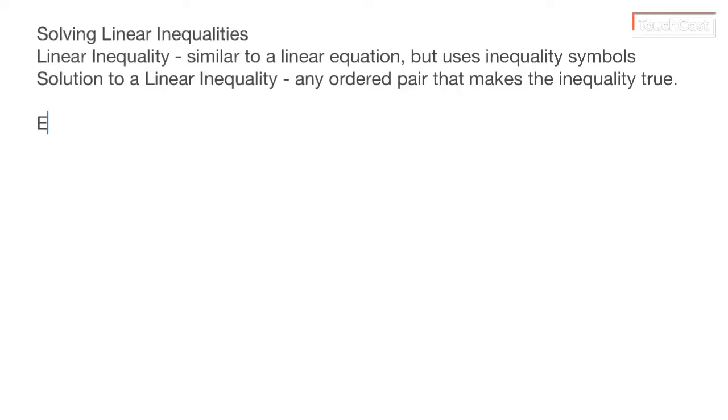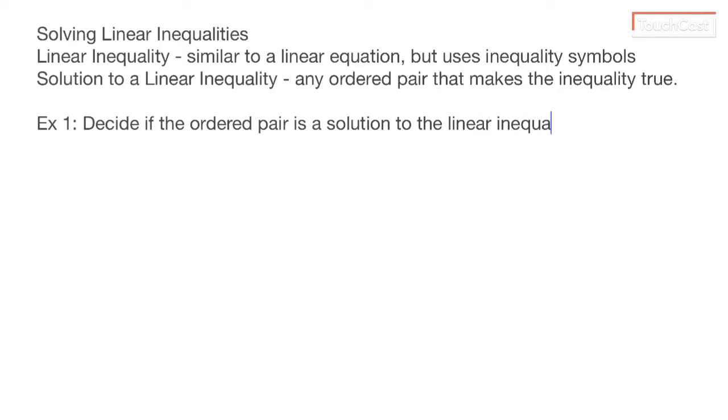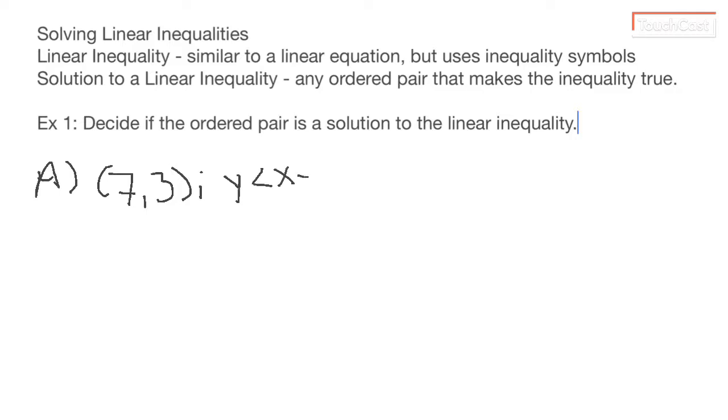So in our first example, we're going to decide if the ordered pair is a solution to the linear inequality. We're going to look at two different examples here. First, A: is the ordered pair (7, 3) a solution to y is less than x minus 1?